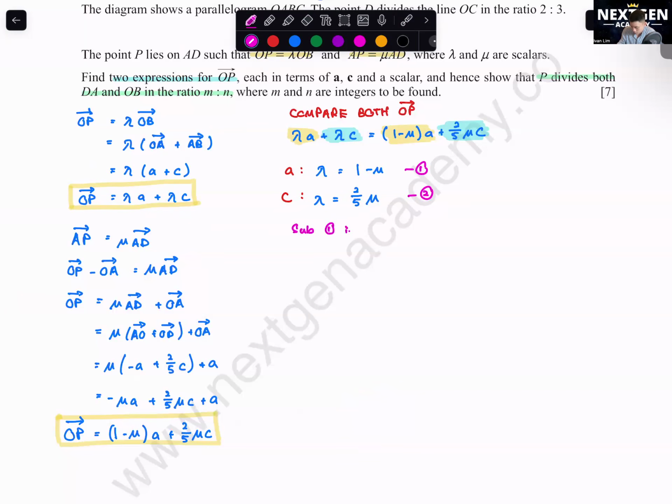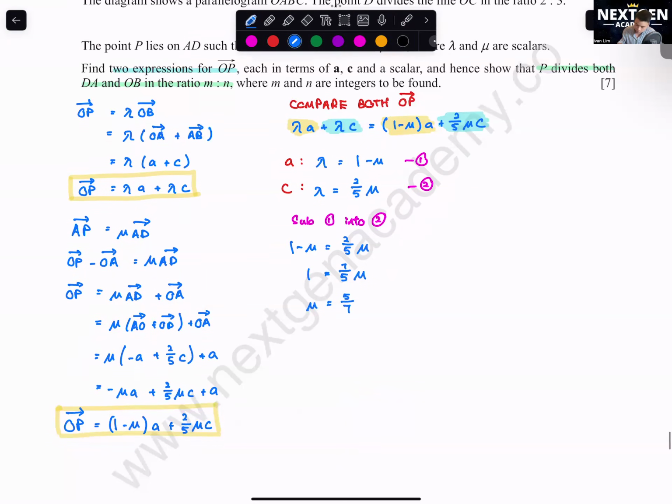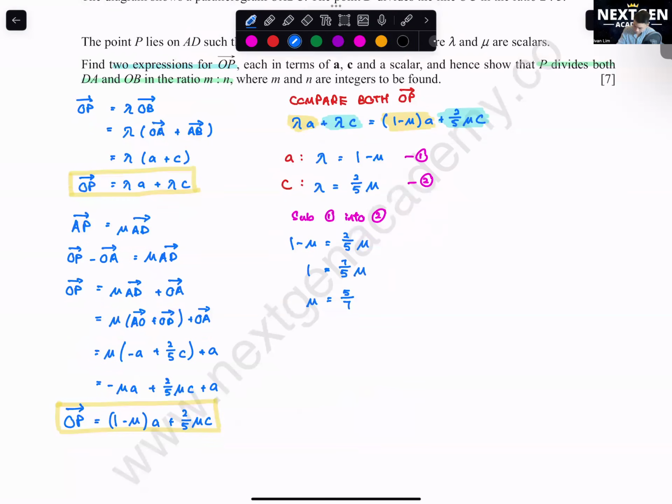Sub 1 into 2. So 1 minus mu is equals to 2/5 mu. 1 equals to 7/5 mu. Mu is equals to 5/7. This is the mu that we want.